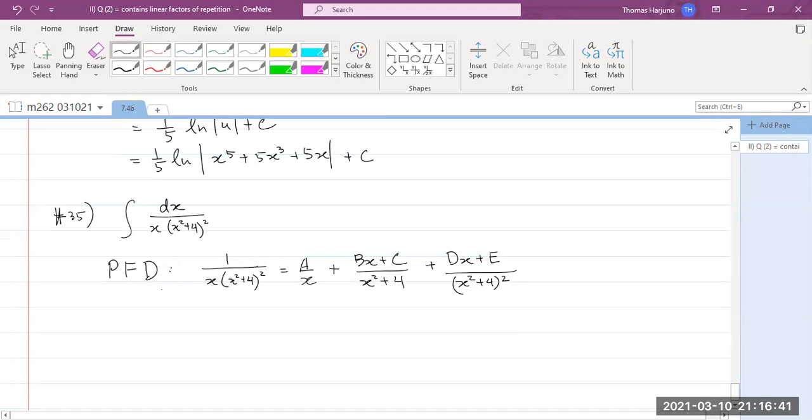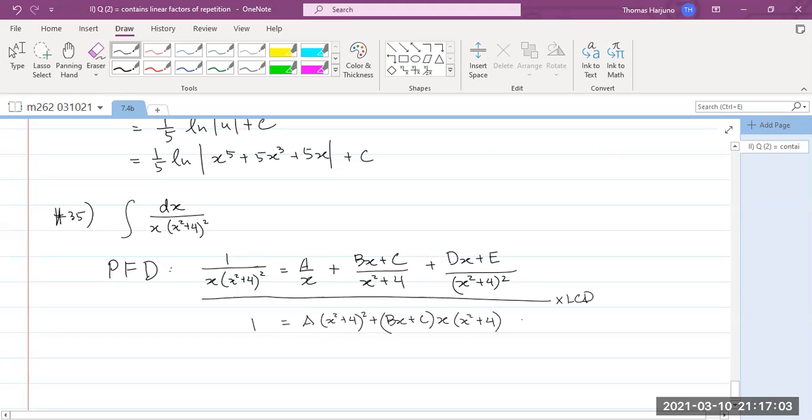Okay, so now I multiply by the LCD, but you know this will be quite painful. So 1 equals a times x squared plus 4 squared plus bx plus c times x times x squared plus 4 plus dx plus e times x.